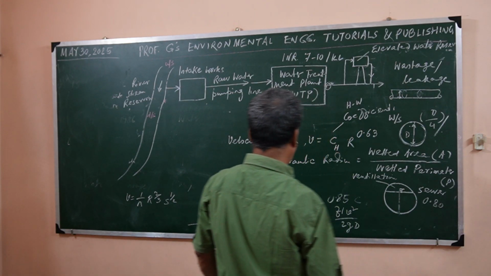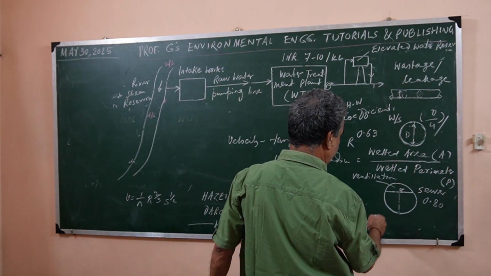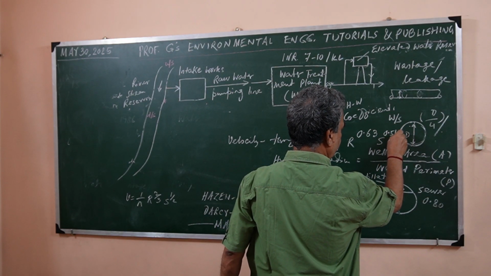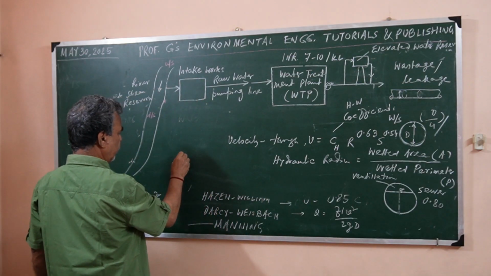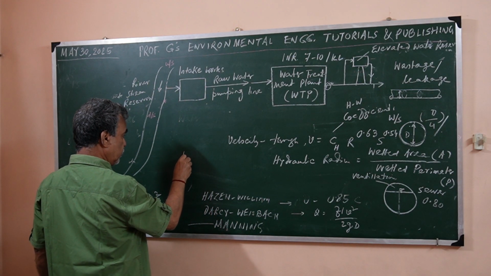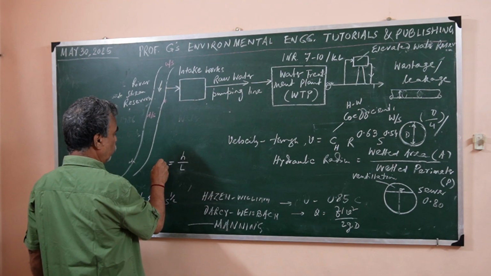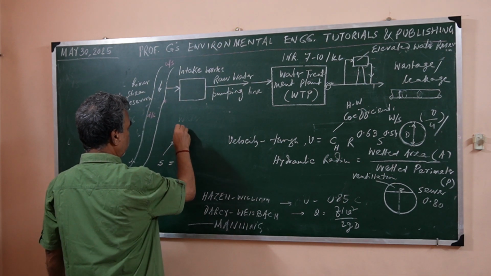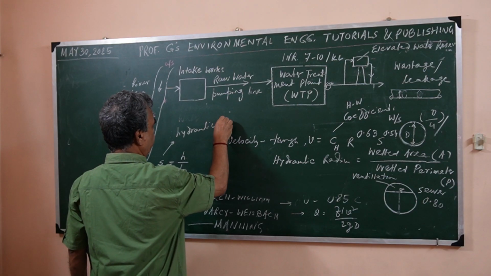So this is this, and another, you see R and S to the power 0.54, I think, right? Here S means, remember this is very important, H by L, that is equal to S, the hydraulic gradient.